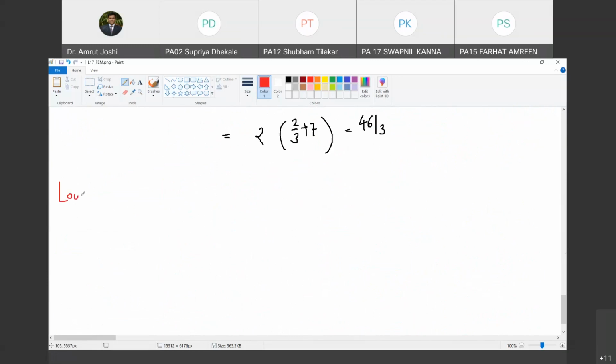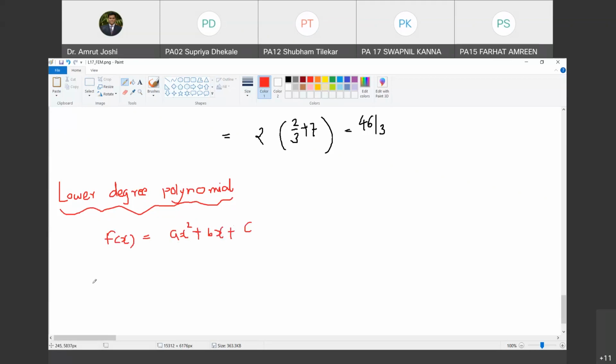Yes, sir. This lower degree polynomial I'm going to take in general form. So let me say f of x is equal to ax square plus bx plus c. Happy?